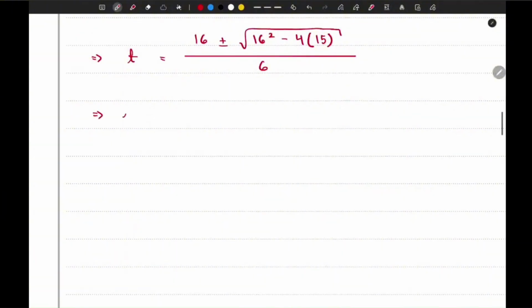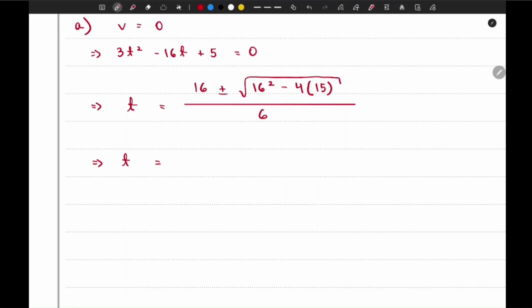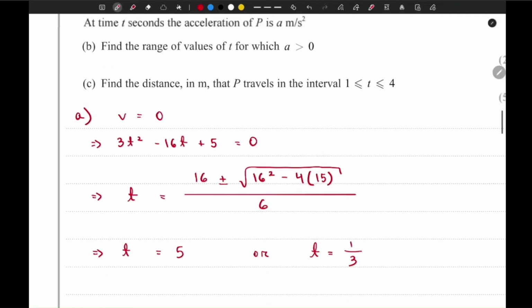So from this equation, we can find two values for t. One of the values of t will be 5, and the other value is 1 over 3. So that is it for this part. Now moving on to the next part.